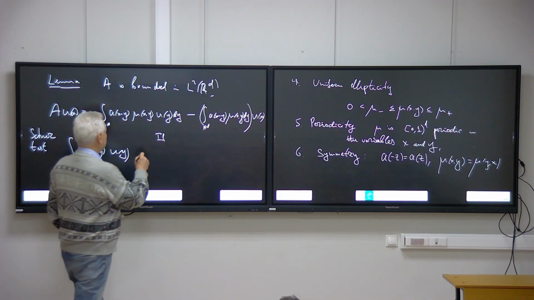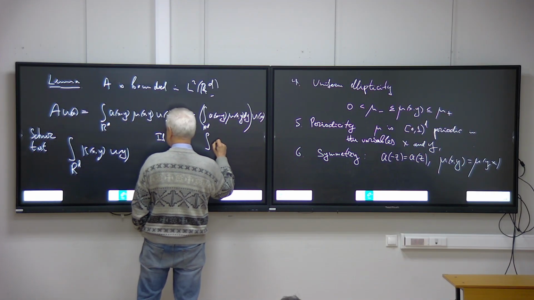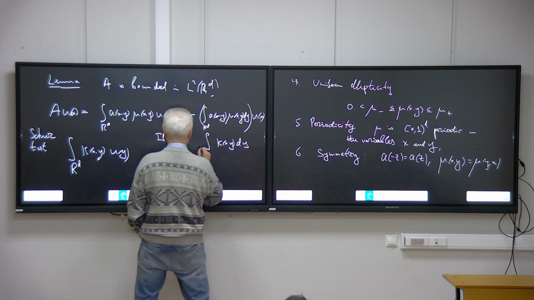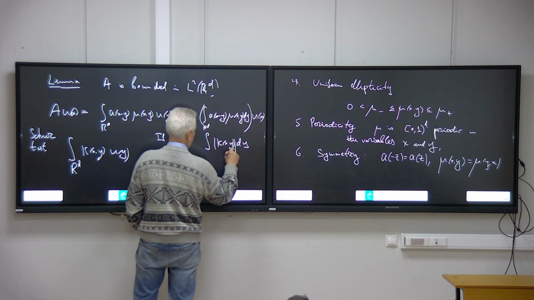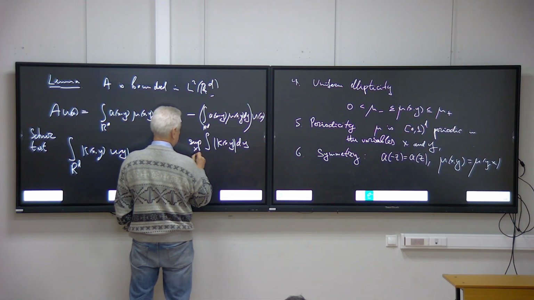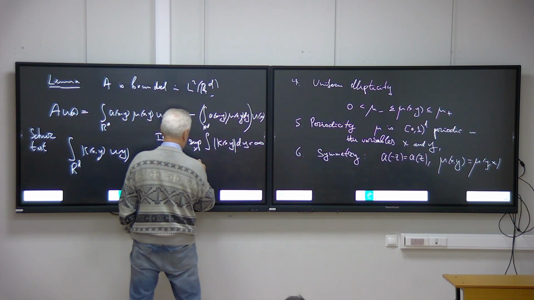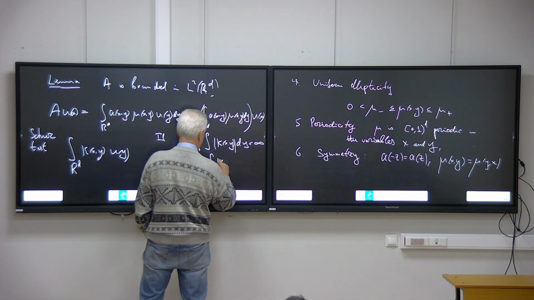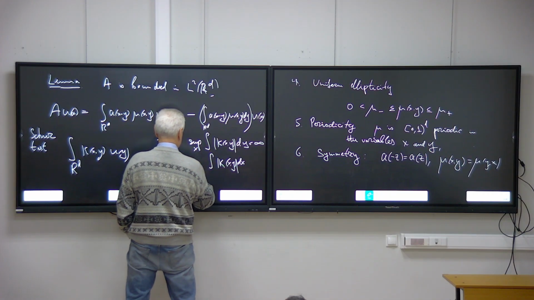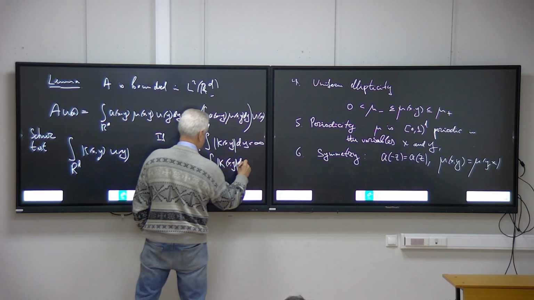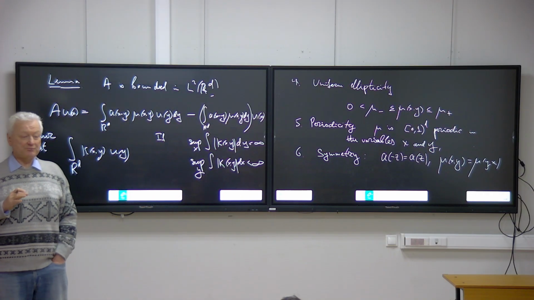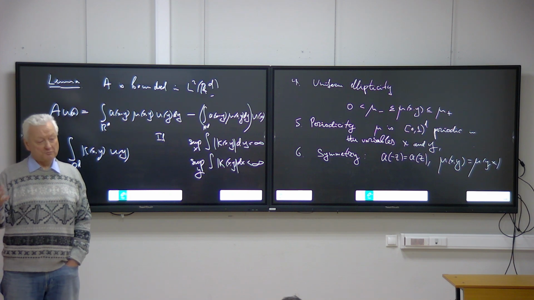I don't know why. If the integral of modulo k of x, y, dy, supremum in x, is less than infinity, and the integral of modulo k of x, y, dx, supremum in y, is less than infinity, if these two conditions are satisfied, then this operator is a bounded operator from L2 to L2.